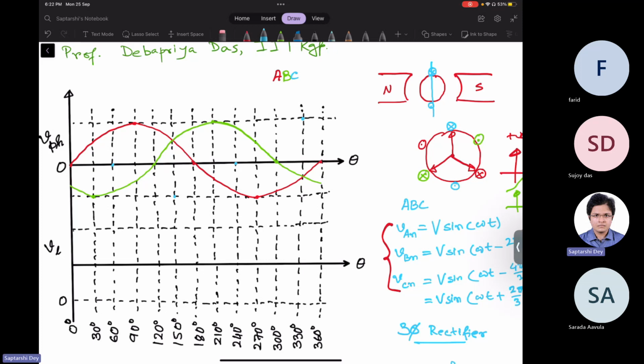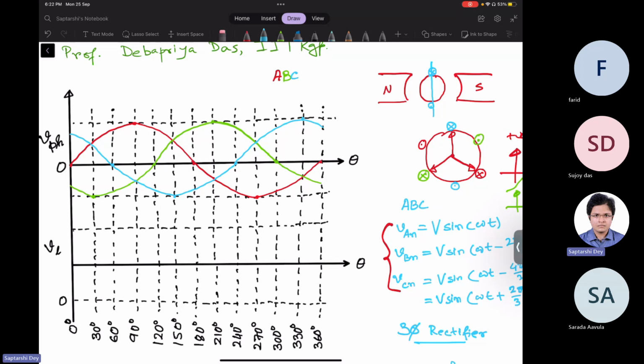Now we can draw this. So this is how we draw the phase voltages of a three-phase system.